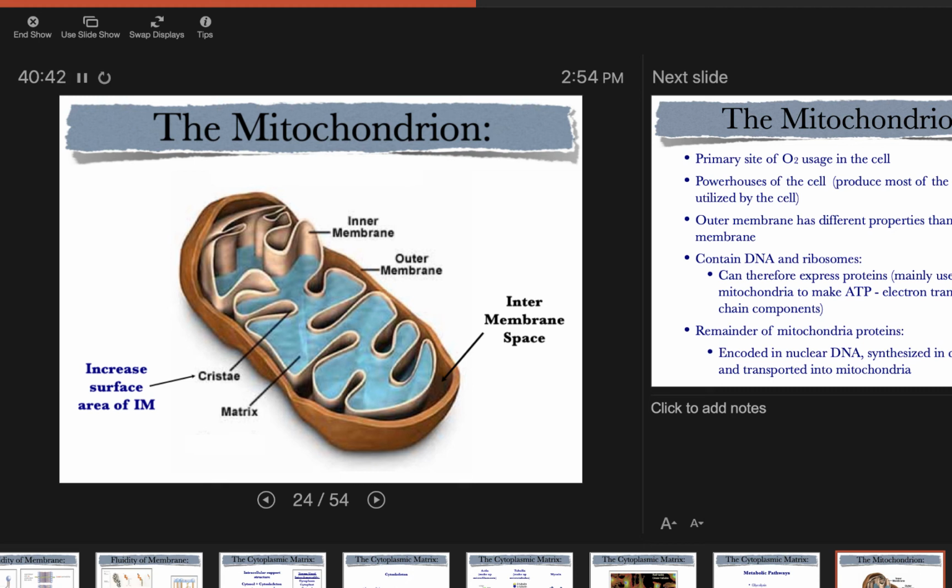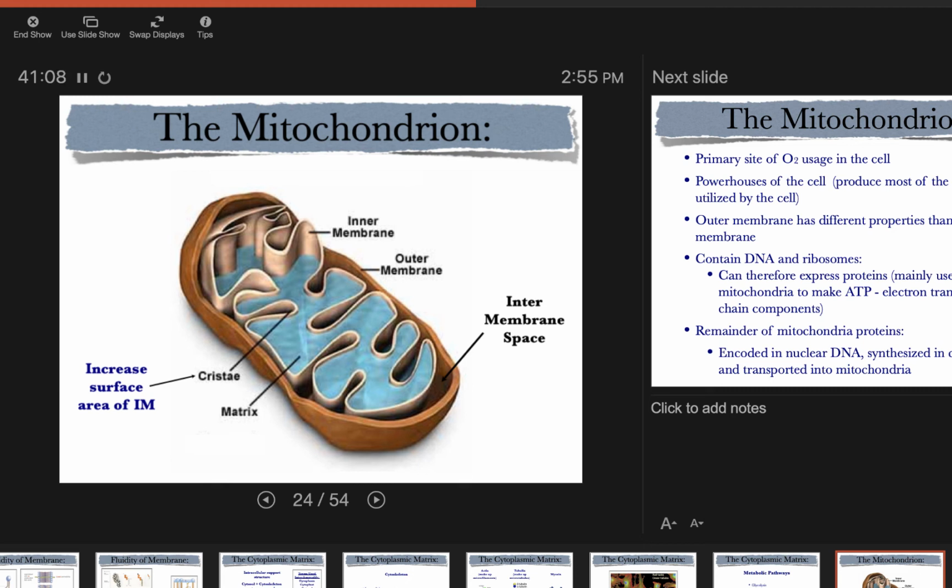All right, what else? In between the outer and the inner membrane, very important space, that's called the intermembrane space. That's where that gradient's established, right? What else?